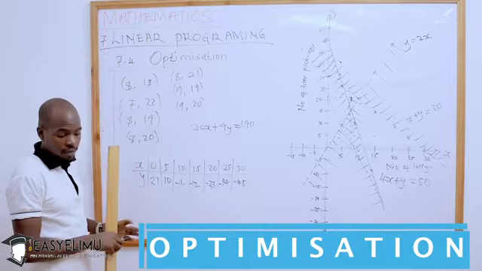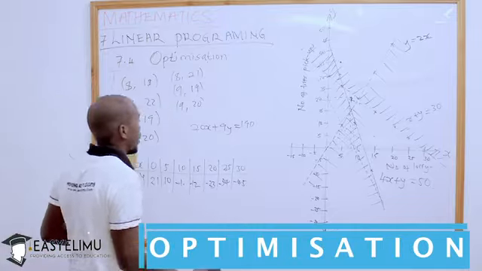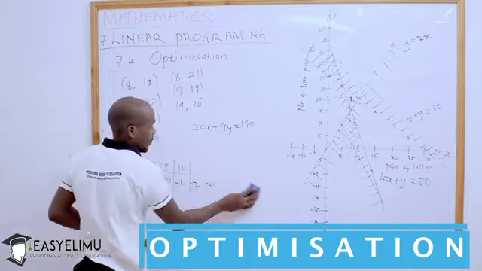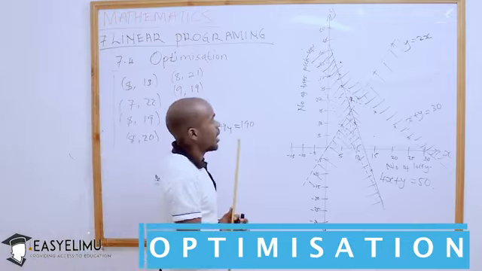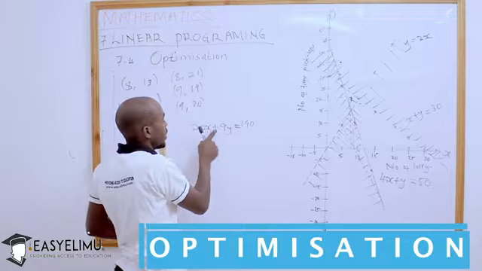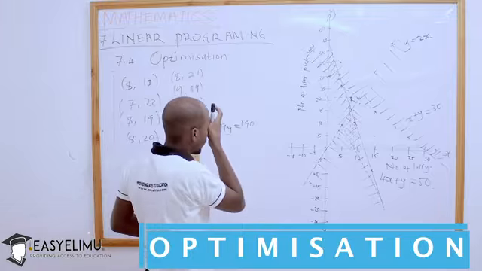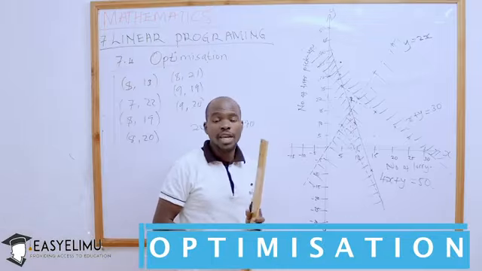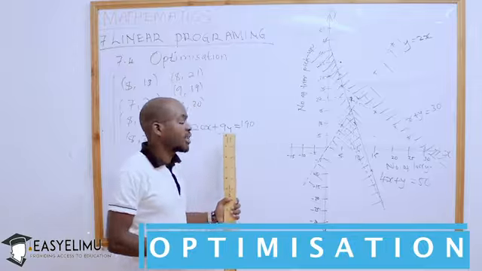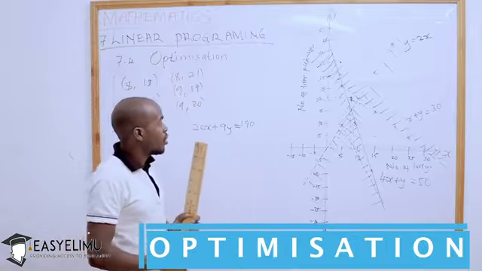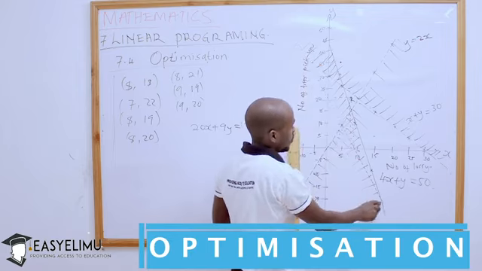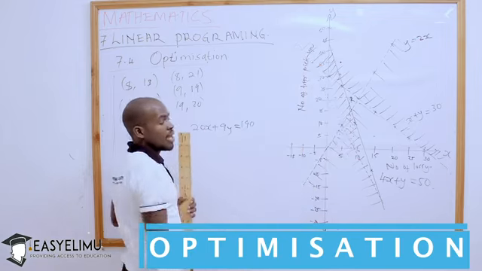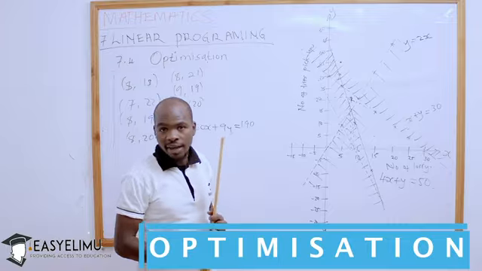Now from the graph, we can construct a line. I've drawn the line 20x plus 9y equals 190 from the points which I selected using the objective function. The line which I have drawn here is what we refer to as the search line.